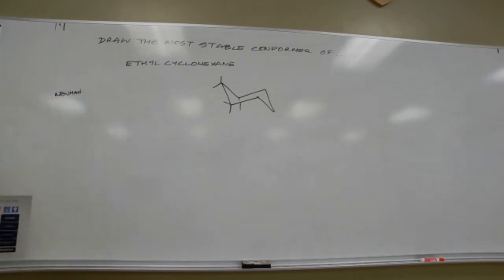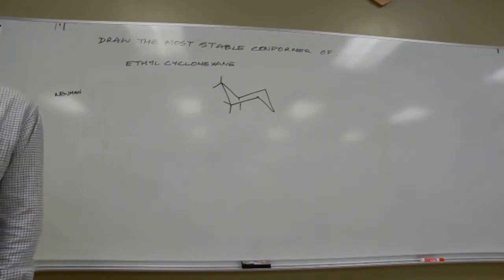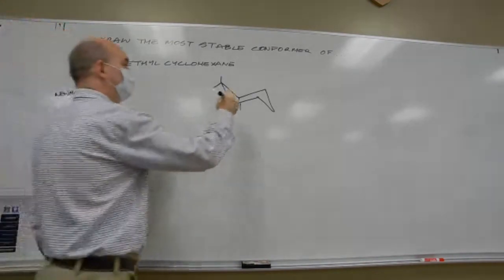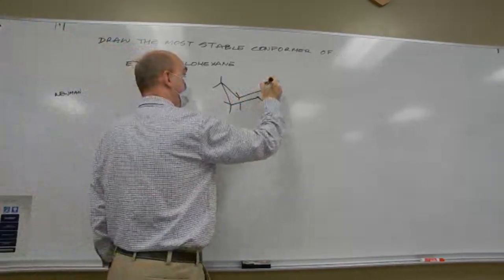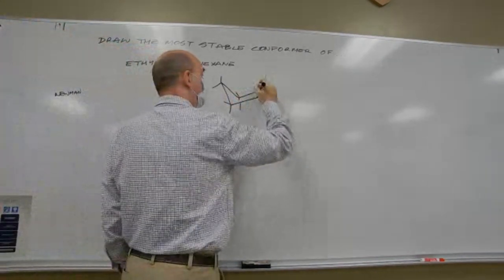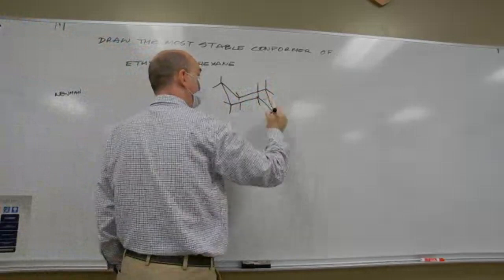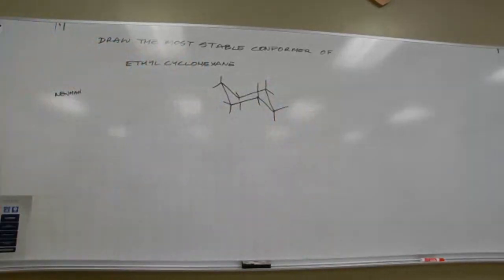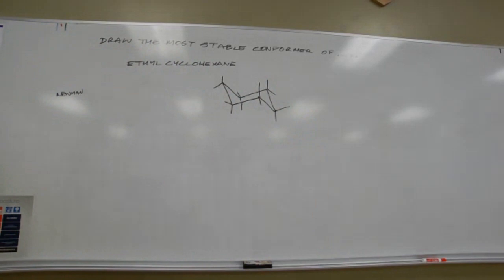Thank you for reminding me, because we have to draw Newman projections today, and I had completely forgotten that we have to do that. Okay, so you should have a backbone that is a chair.